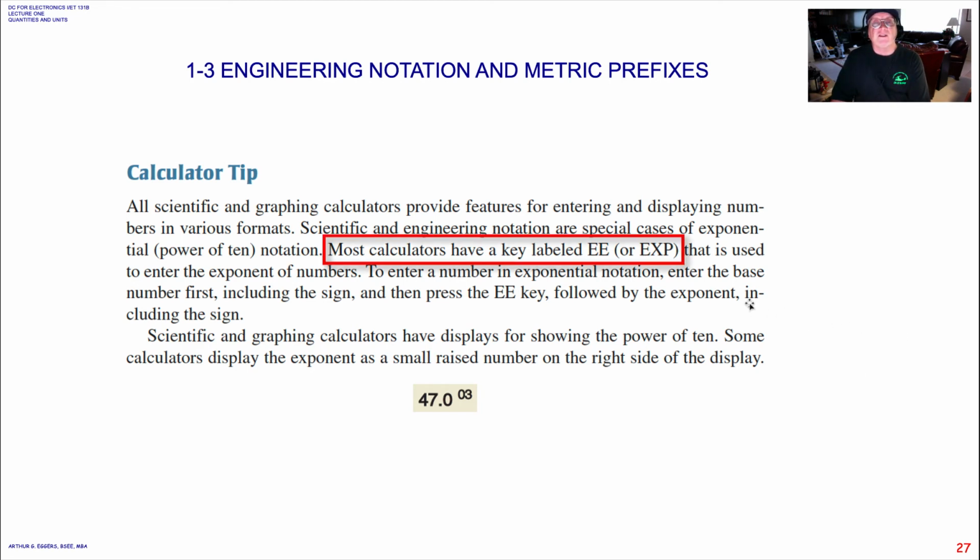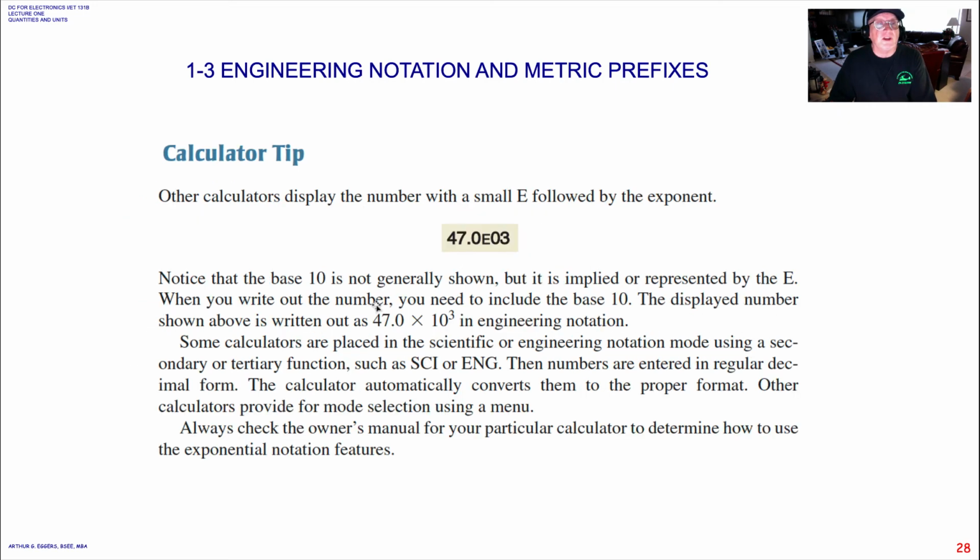Most calculators have a key labeled EE or EXP that's used to enter the exponent of the number. To enter a number in exponential notation, enter the base number first, including the sign, and then press the EE or the EXP key, followed by the exponent, including the sign.